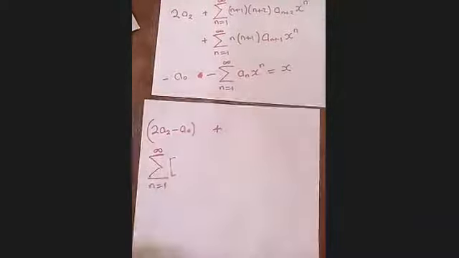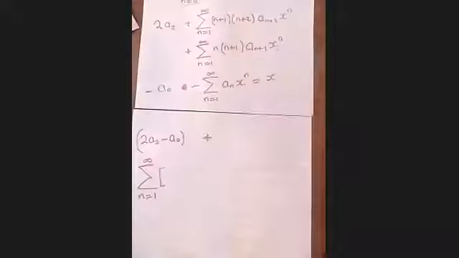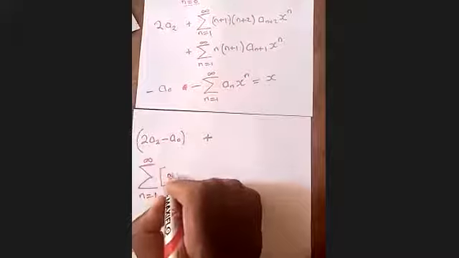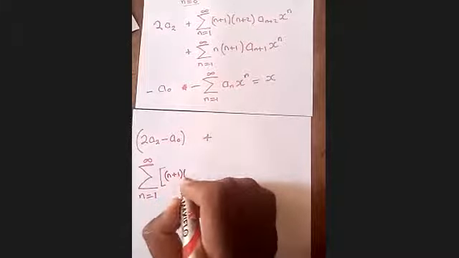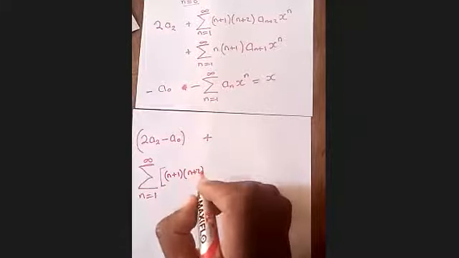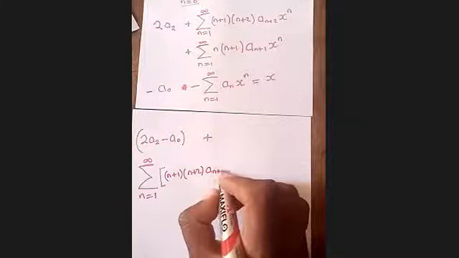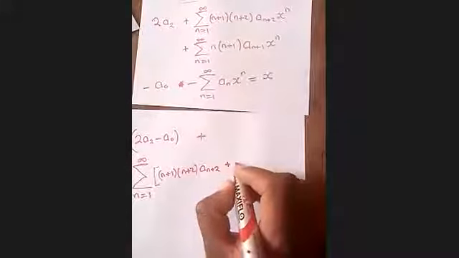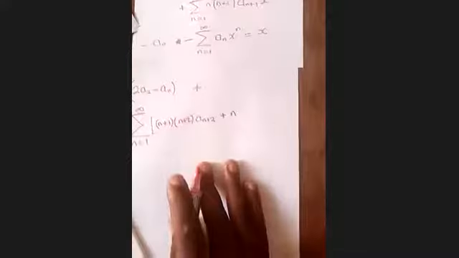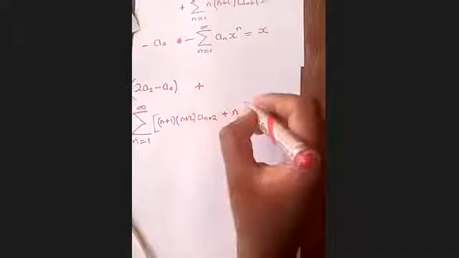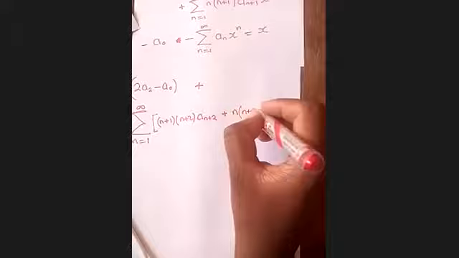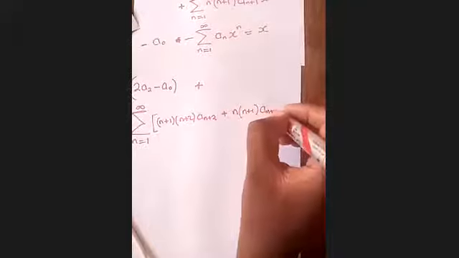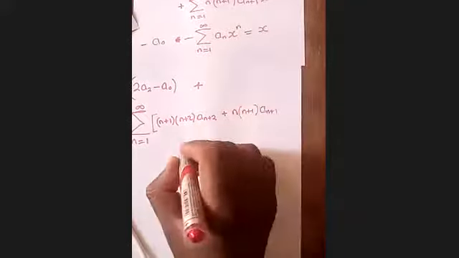So putting everything together now. We've put together the constant terms, then this we factorize. So you have (n+1)(n+2) a_{n+2}, then plus n, then plus (n+1) a_{n+1}, then minus n a_n.